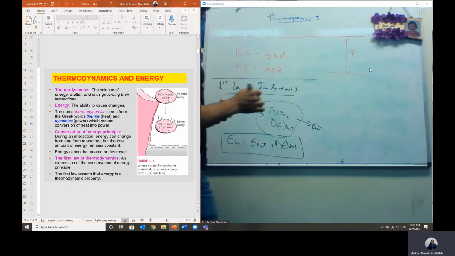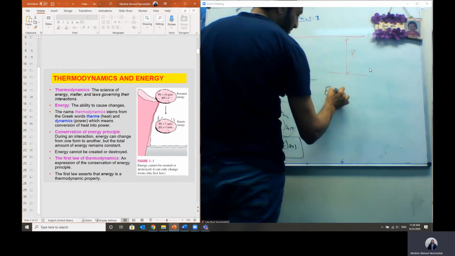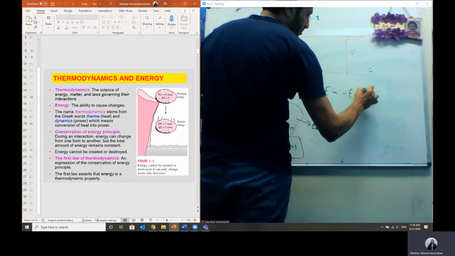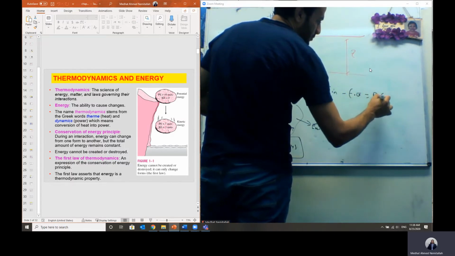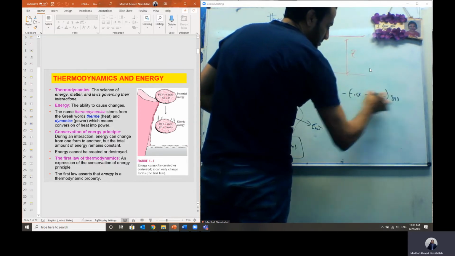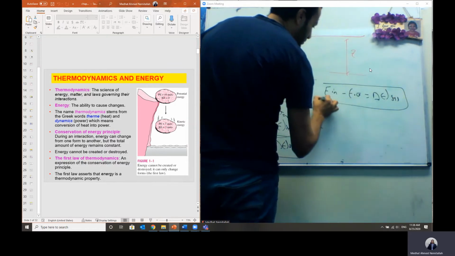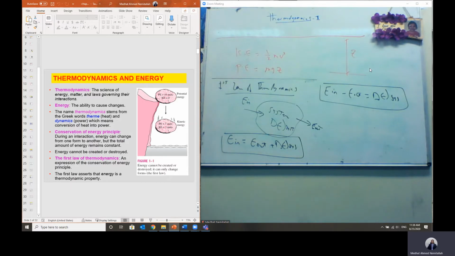Or we can just say the difference between energy in minus energy out equals the change of energy within this system, delta E. And this is the first law of thermodynamics.